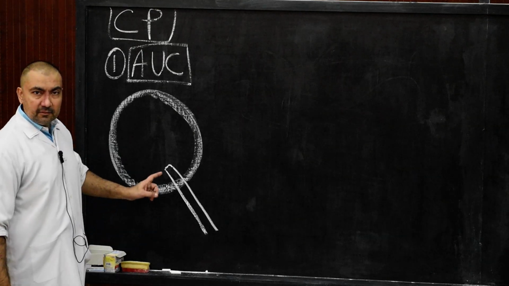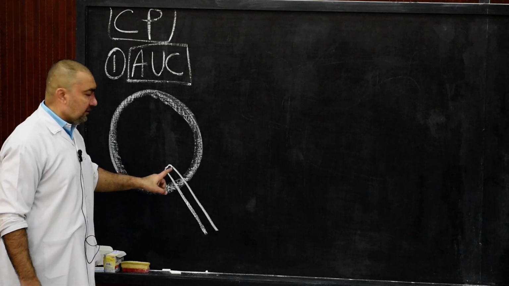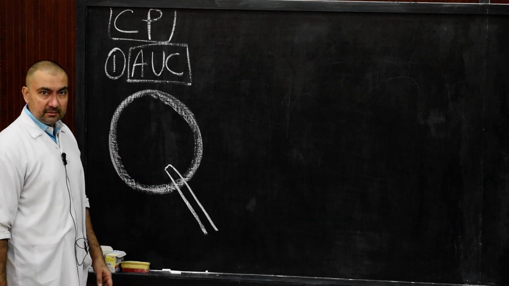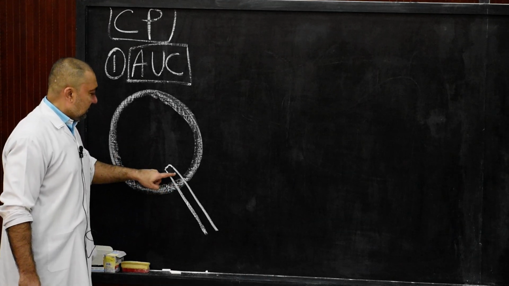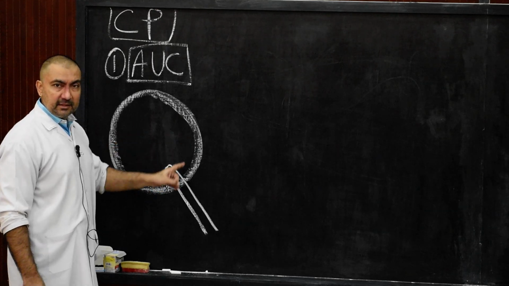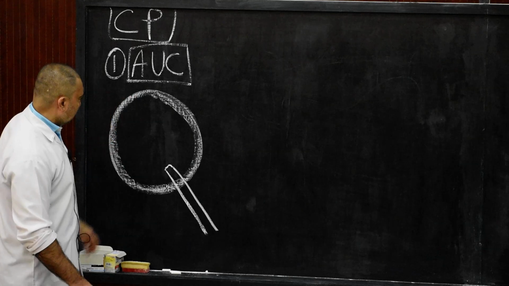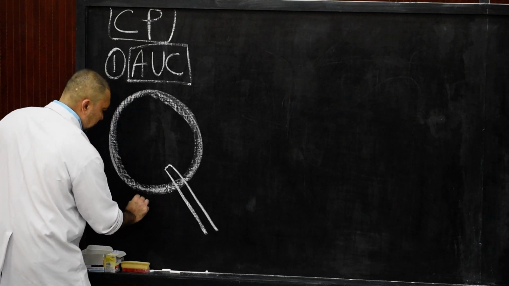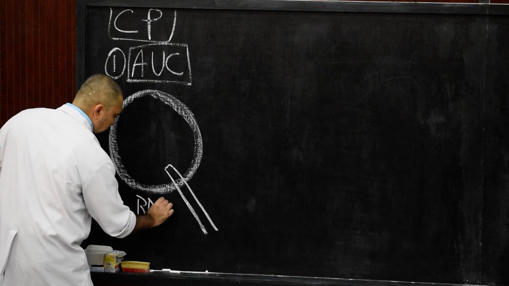That means the umbilical cord will be attached just near the peripheral margin. This type of attachment of umbilical cord near the peripheral margin of the entire placenta will be known as battledore placenta.